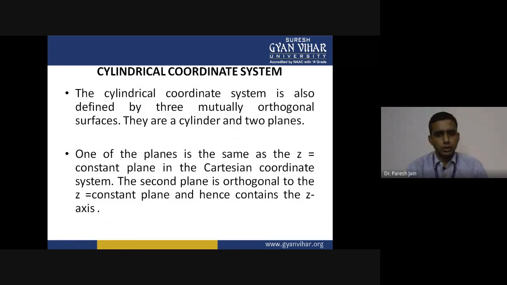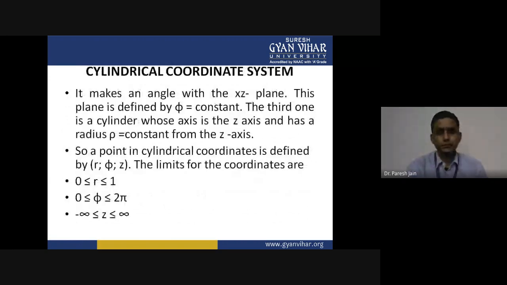So three mutually orthogonal surfaces are available in this cylindrical coordinate system. One of the planes is the same as the z constant plane used in the Cartesian coordinate system. The other makes an angle with the xz plane, and this plane is defined by constant phi.